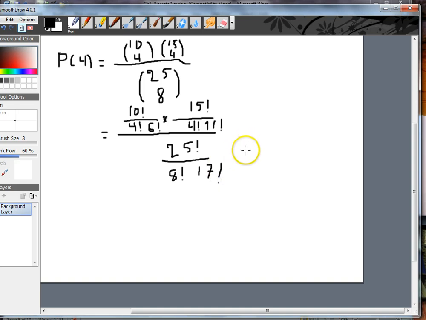So that's quite long. One simplification is to put these together, this times this over this times this.